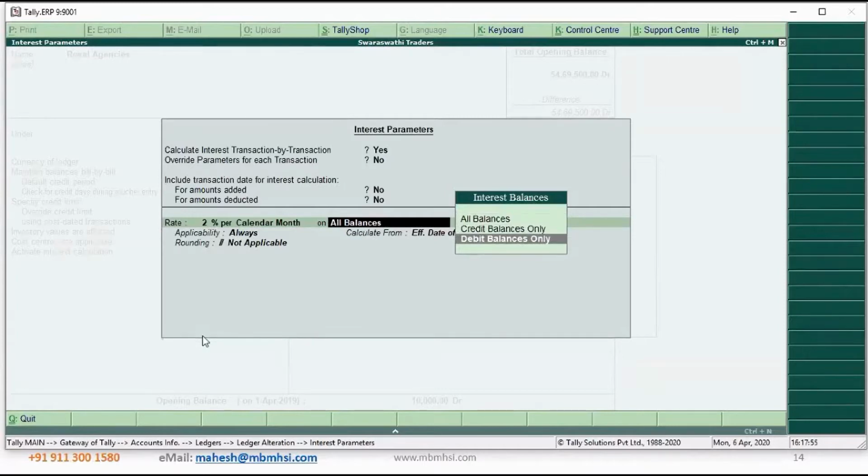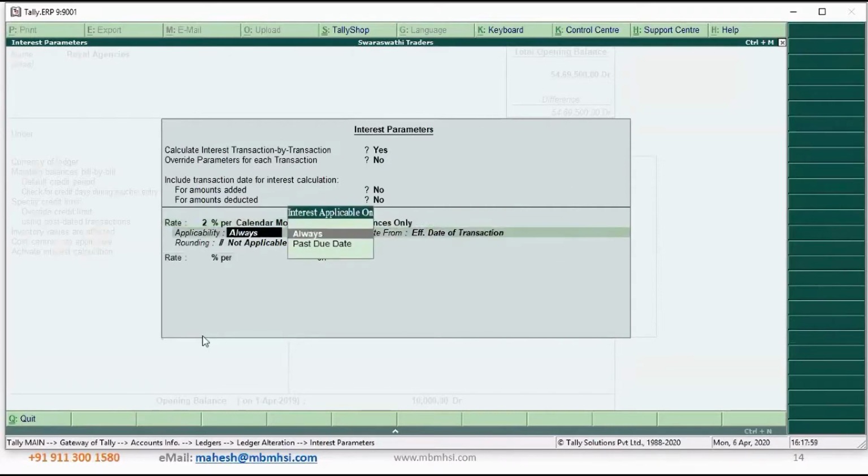Once you select debit balance, the next is the applicability, when it has to be applied, when you want to charge interest. There are two specific dates: one is from the date you are doing the invoice, or from the past due date.